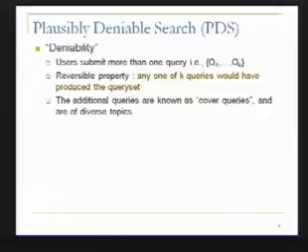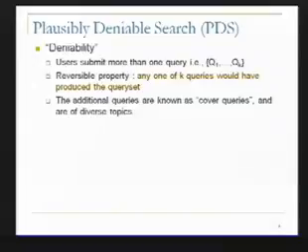Plausibly deniable search. So you can see there are two terms involved, plausibility and deniability. So the users are going to submit not one query, but k queries. And we have one more property, which is called a reversible property, in which any of the k queries is going to give you the same set that you submitted.